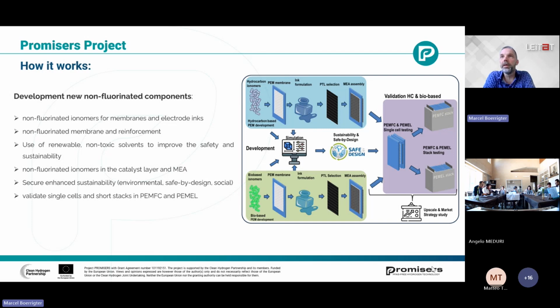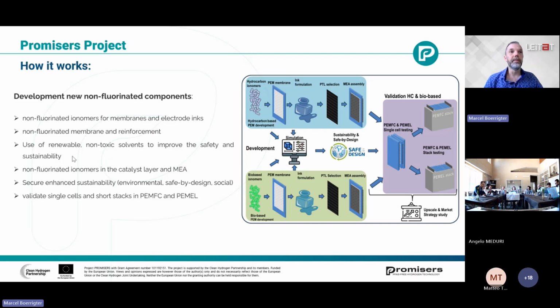Afterwards we go to the MEA assembly. This is all supported by simulation and also sustainability and safe by design. Then we go to the single cell, and then to a short stack using fuel cell and electrolyzers. And then we also have a look at upscale and market.